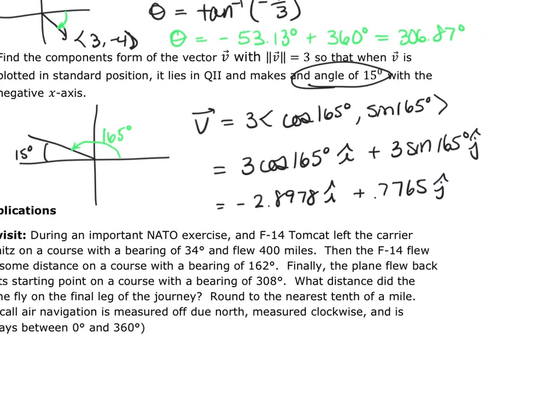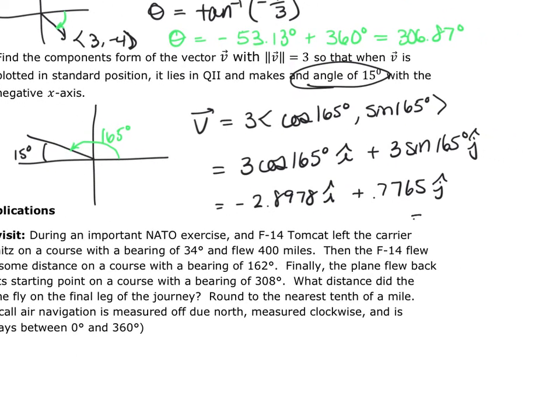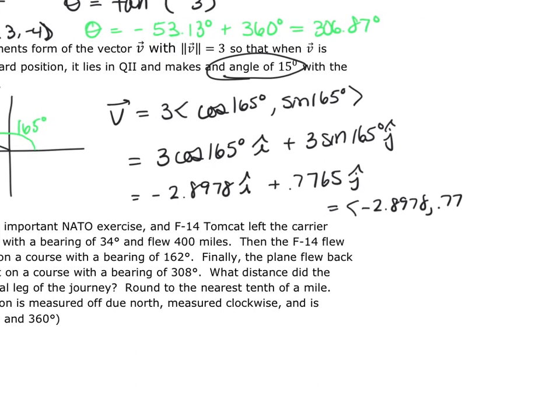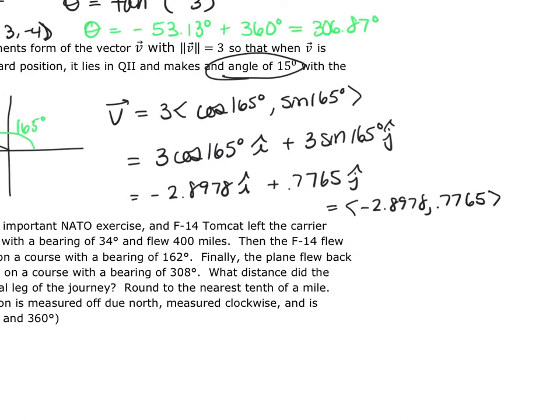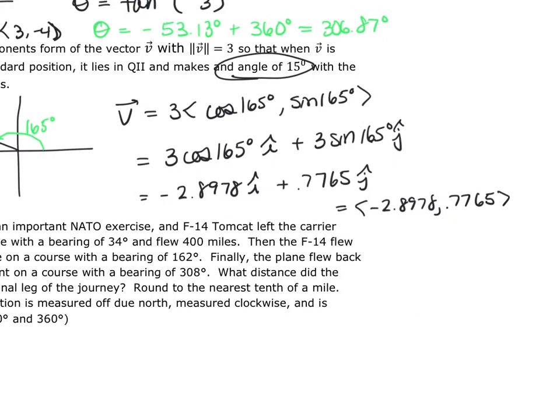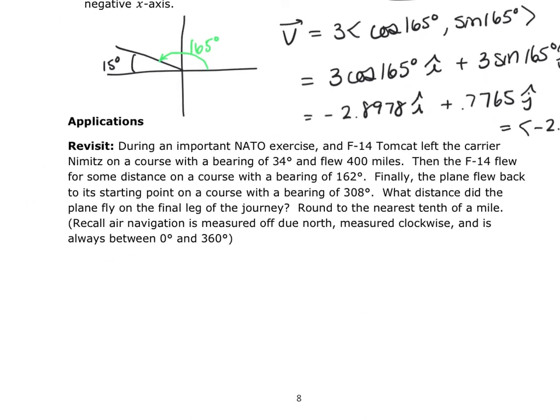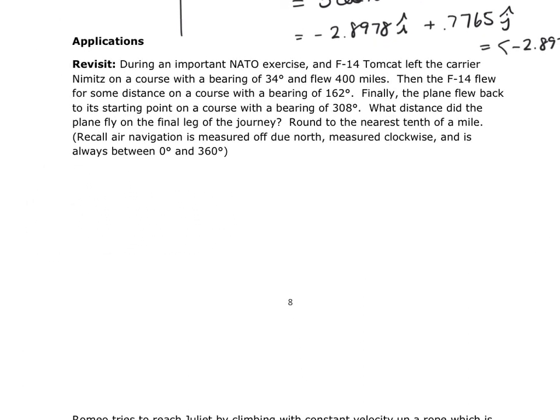Or equivalently, these are all equivalent. This is equal to negative 2.8978, comma, 0.7765. And there it is in multiple forms in terms of the vector with that angle as a reference angle and that magnitude. Now, we are going to go back to this example.